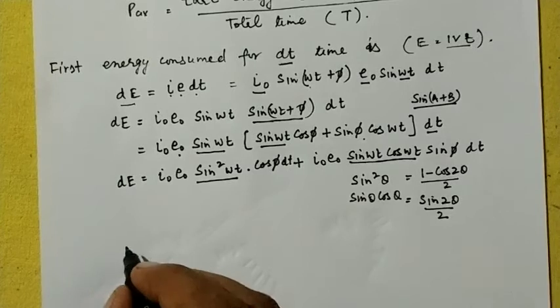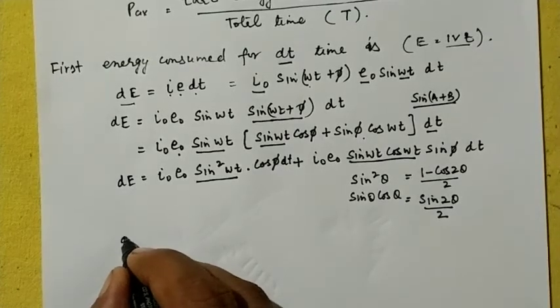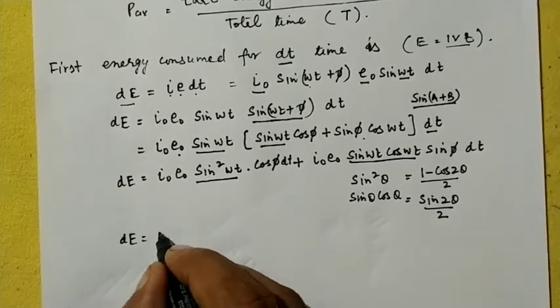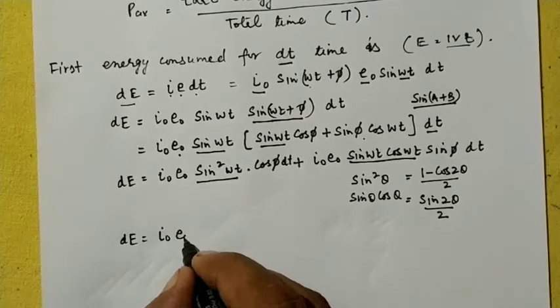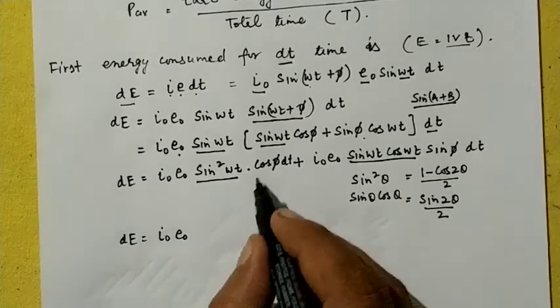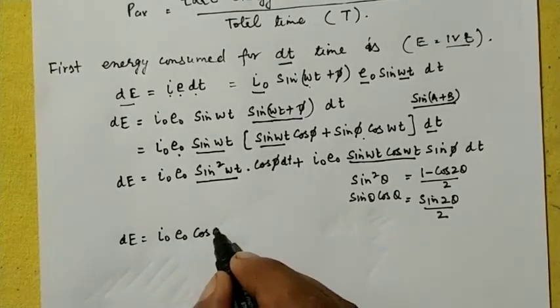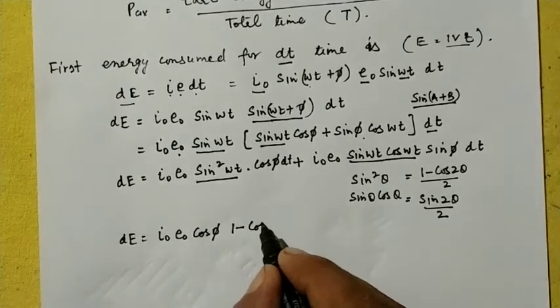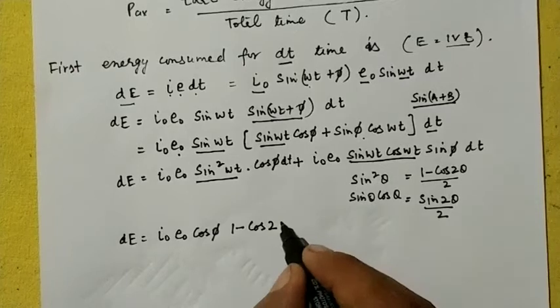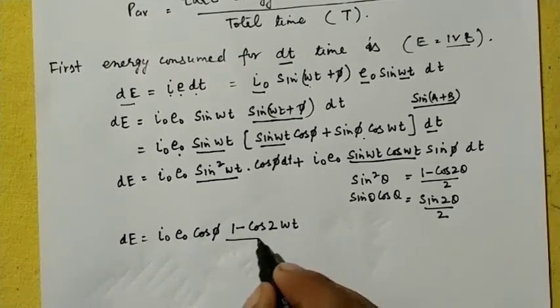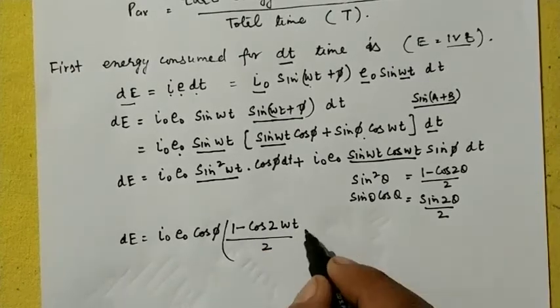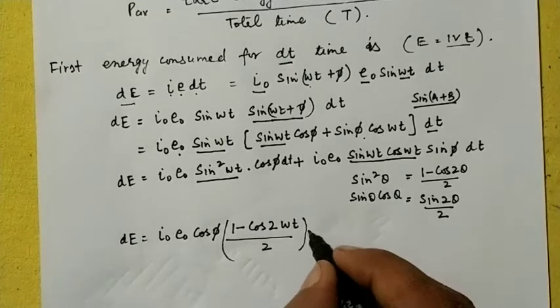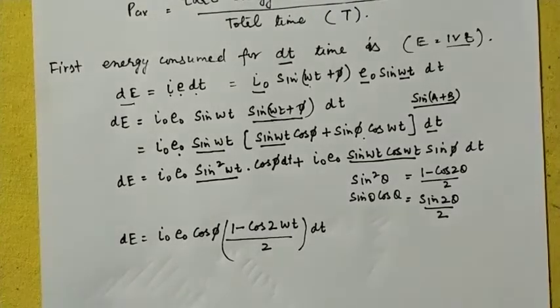Now put these formulas in for sine square theta and sine theta cos theta. So we get dE is equal to I naught E naught cos phi, into 1 minus cos of 2 theta, where theta is omega t, divided by 2, into dt.